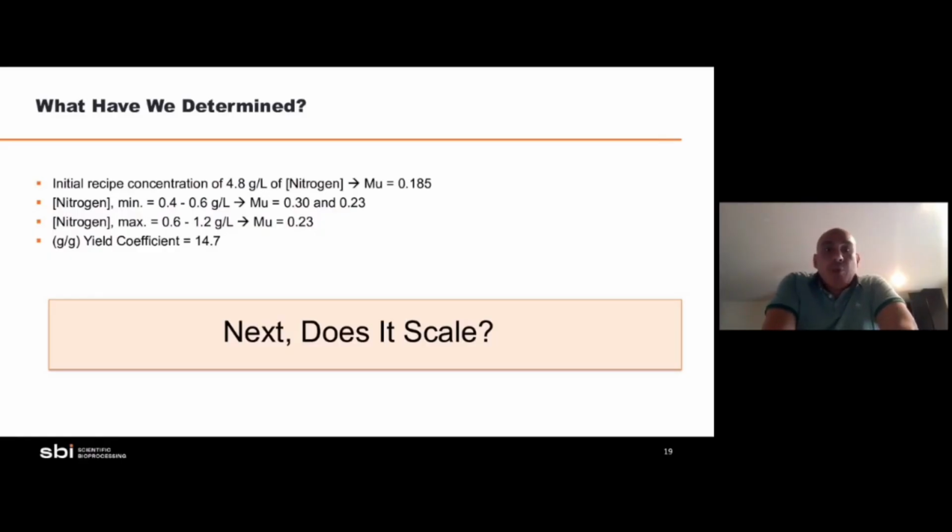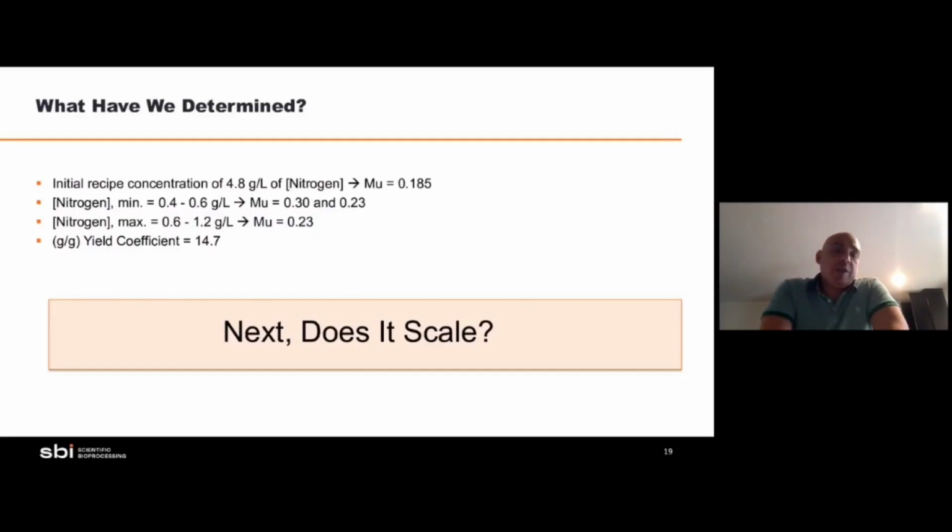We see a mu of 0.185 per hour. From our earlier titration, we see that our minimum amount of nitrogen required is somewhere in the range of 0.4 to 0.6, and our growth rate is faster than our original condition in our starting media.